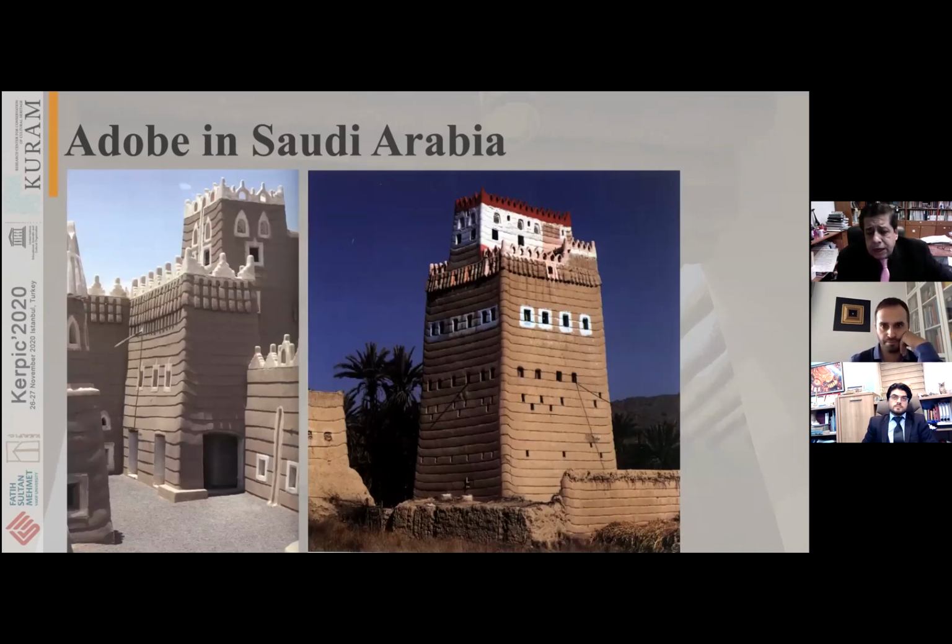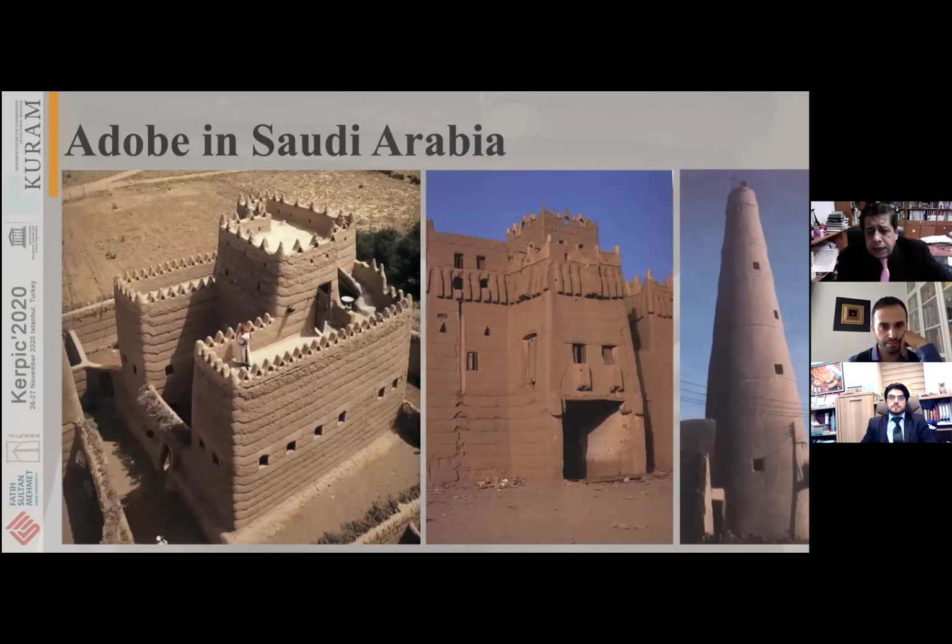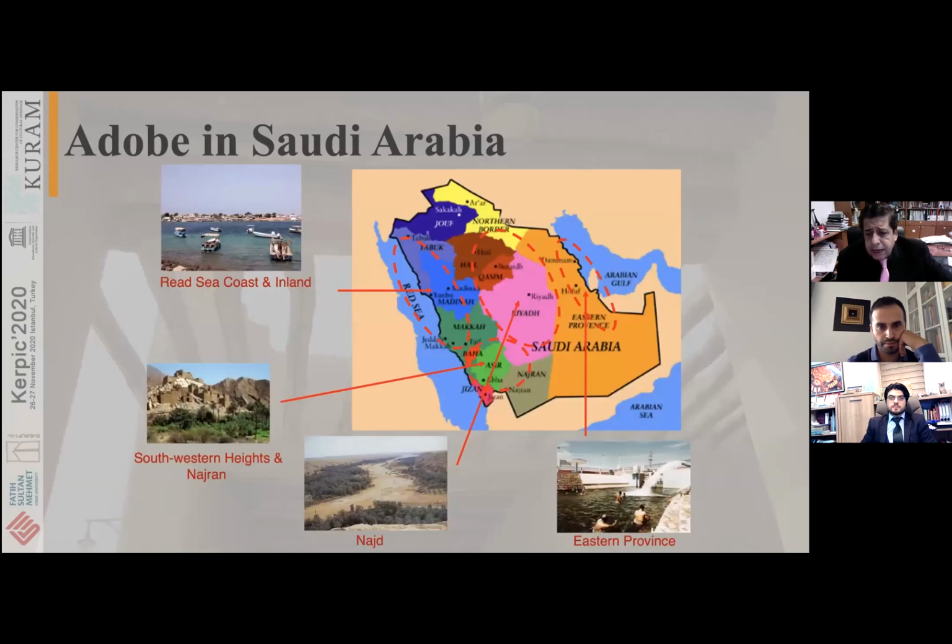It comes in different forms, depending on the region. Some are high-rise buildings and some other lower buildings, some are located in pure deserts, some are in mountains, and some are highly decorated, and others just simply Adobe buildings.